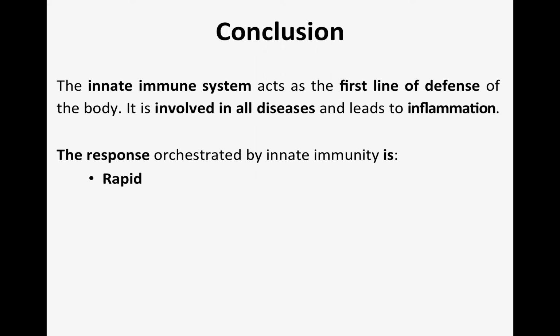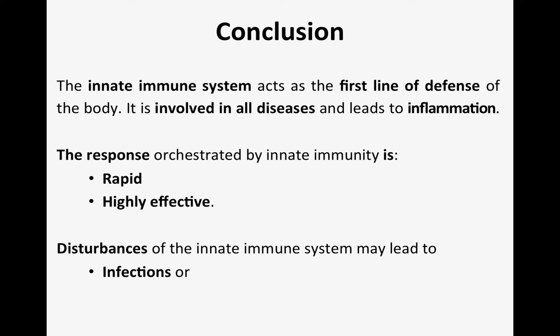The reaction is very rapid and very effective, because we can get rid of the majority of the bacteria, or the majority of tissue damage, without any further help. But it also means that if there is a disturbance of the innate immune system, it will lead to infections or even autoimmune diseases. And if the system is overly activated, it will result in a septic reaction.